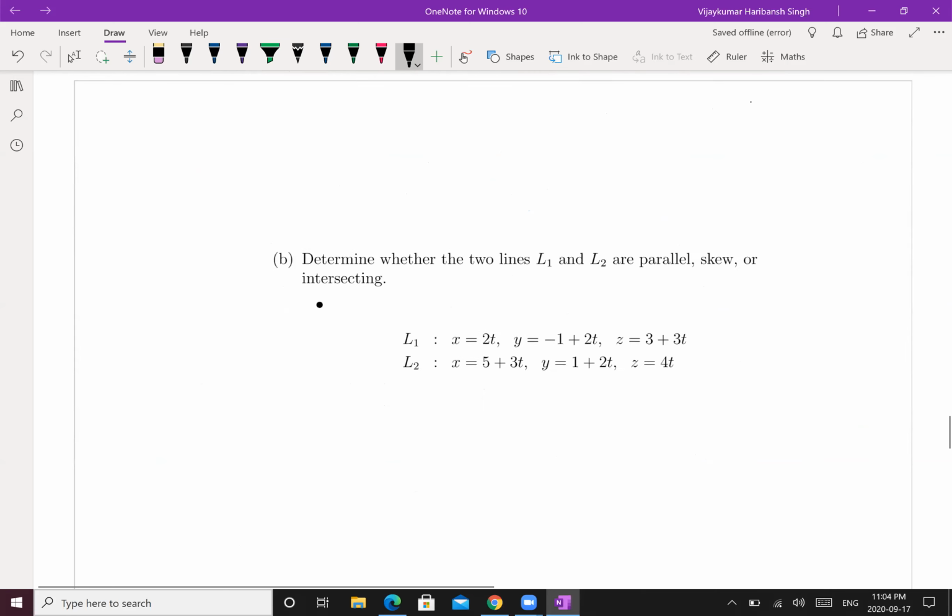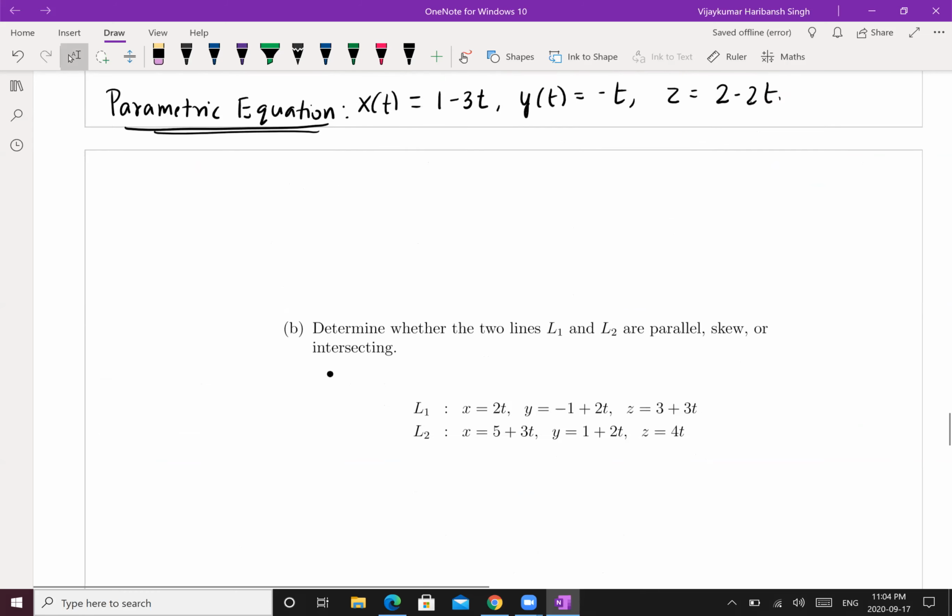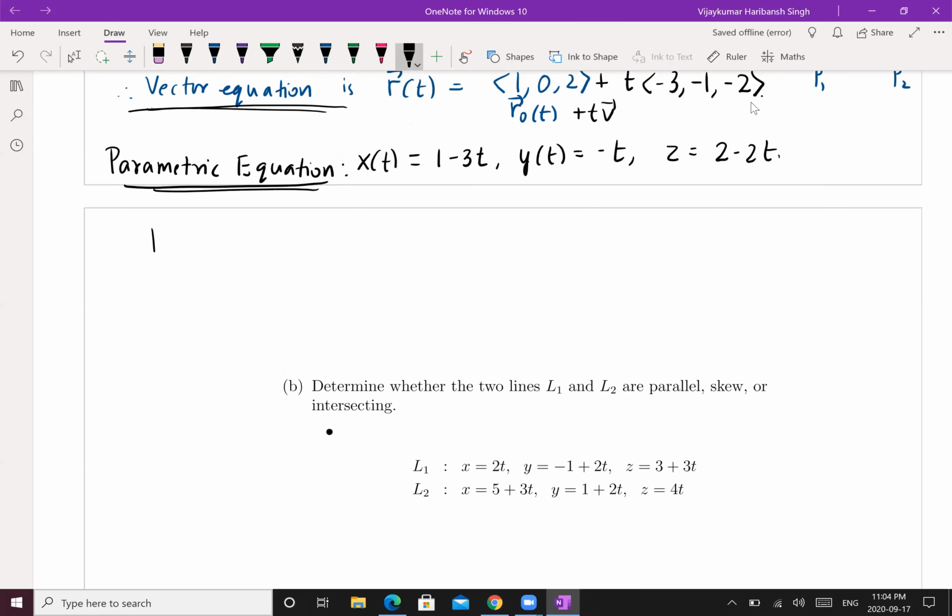So now, in R3, there are a few options for two lines.